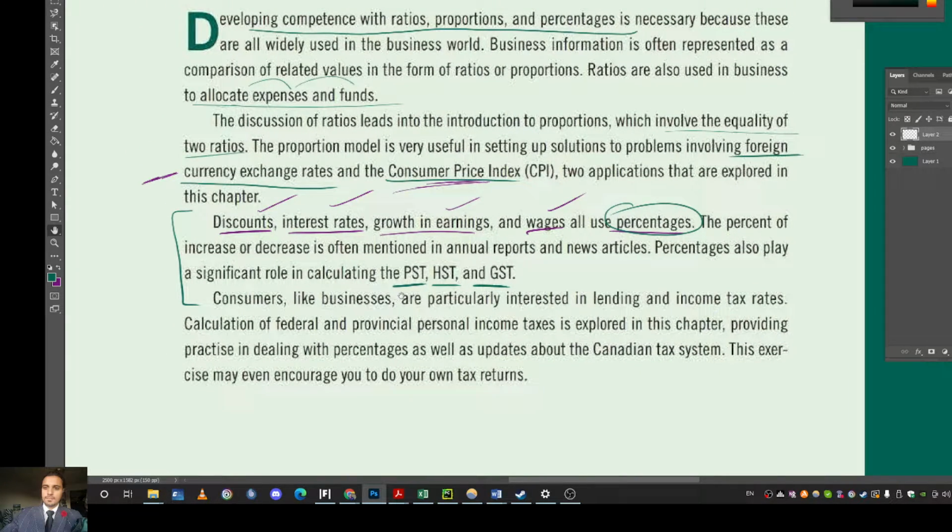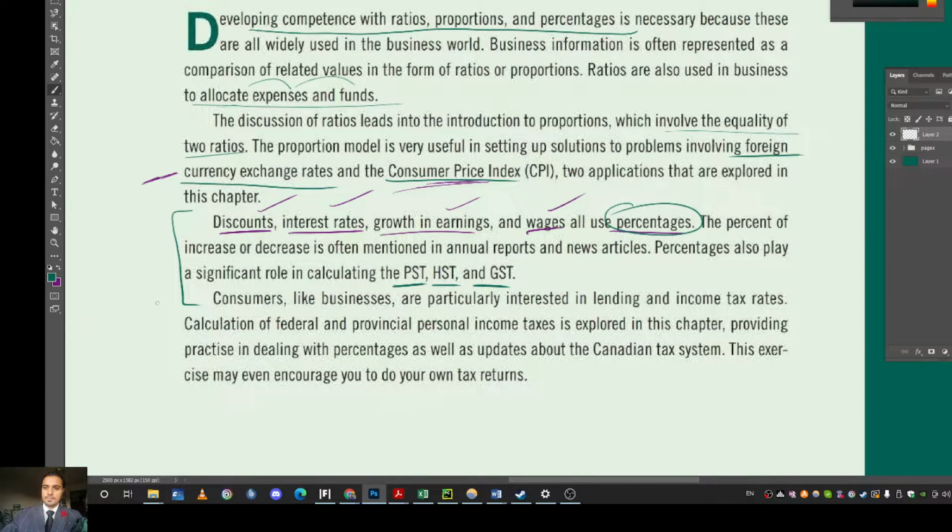Consumers, like businesses, are particularly interested in lending and income tax rates. So if you're a consumer, just like a business, you're interested in lending money and in income tax rates.